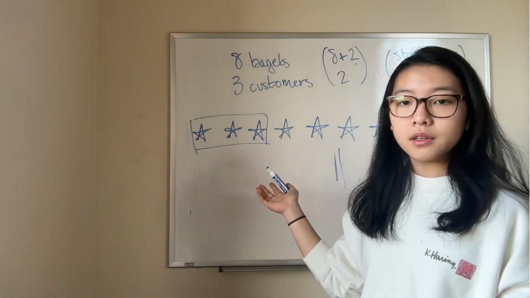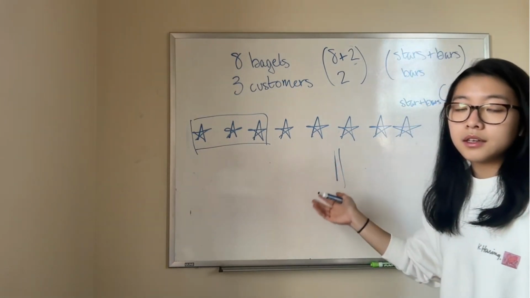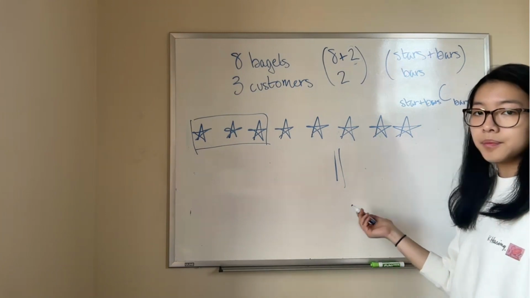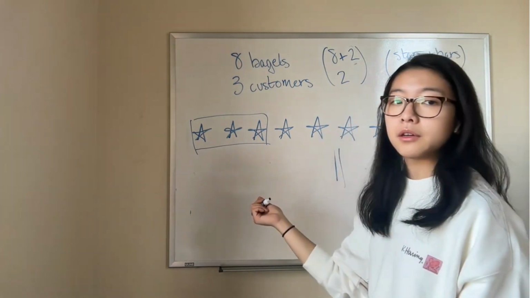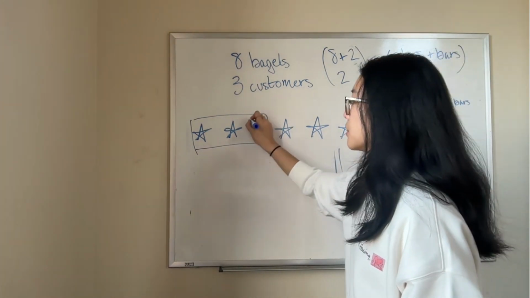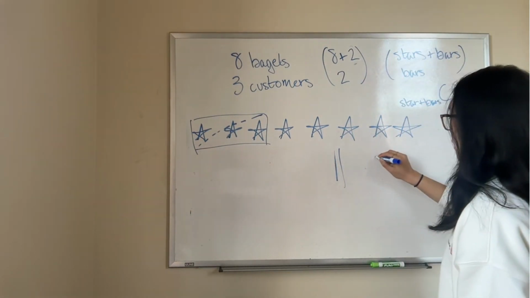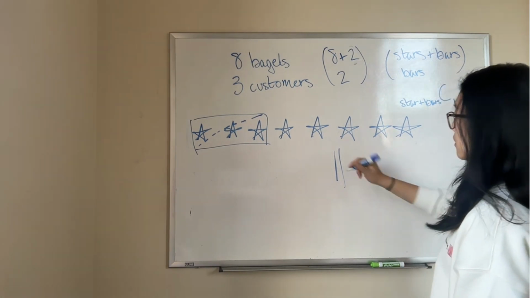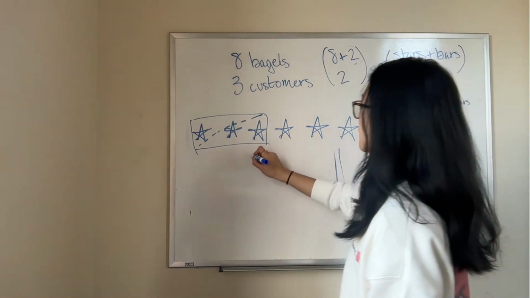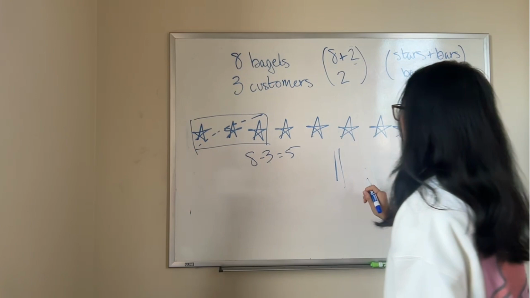Now all we have to do is worry about the last 5. We can account for these bagels by subtracting them from the total bagels we originally had, so we have 5 bagels left to work with, which is the same as 8 minus 3.